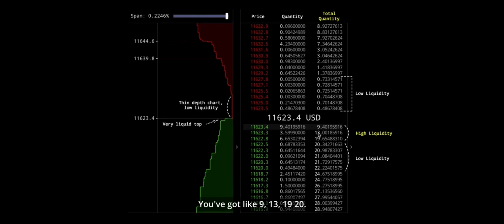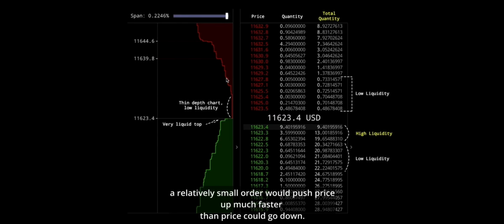You've got like 9, 13, 19, 20. So it goes up to 20 BTC of buy orders. We've got 0 all the way up to there. So you've got a very illiquid book on the upside. So that means for this exchange, a relatively small order would push price up much faster than price could go down. So if you are looking through an order book, that's the best way to interpret it.